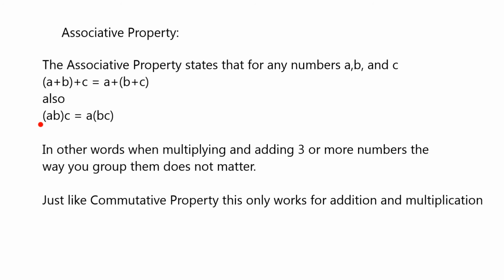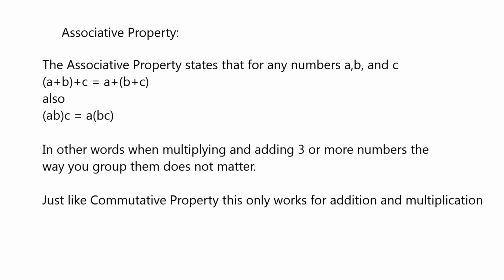An equivalent statement works for multiplication also. Simply put, what the associative property means is that whether you're multiplying or adding 3 or more numbers, the way that you group them with parentheses does not matter.